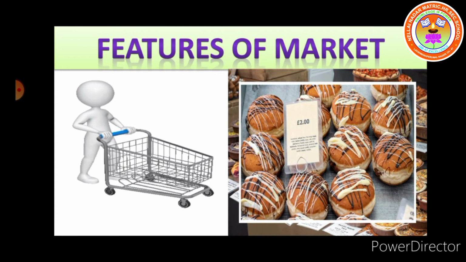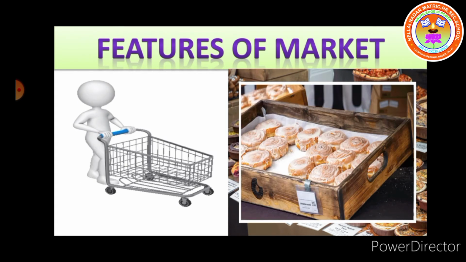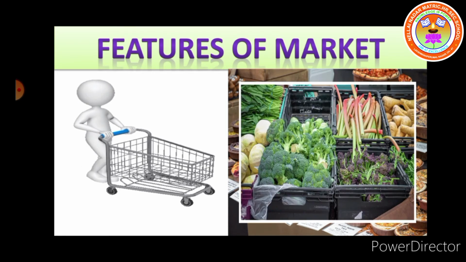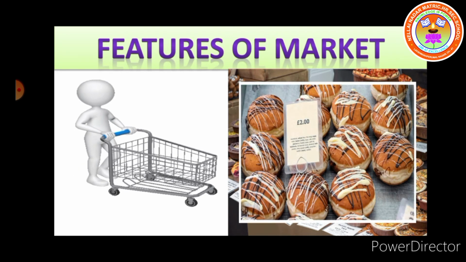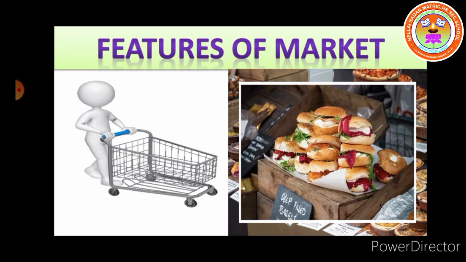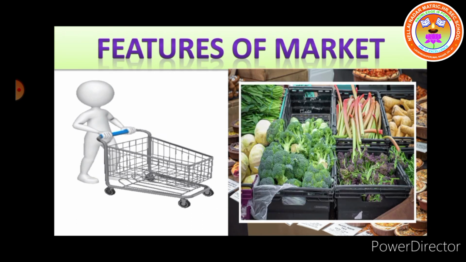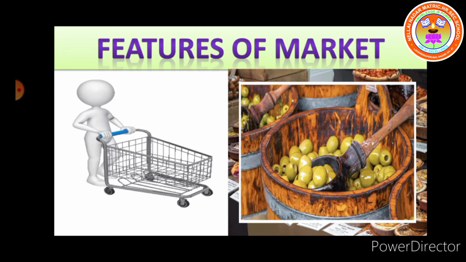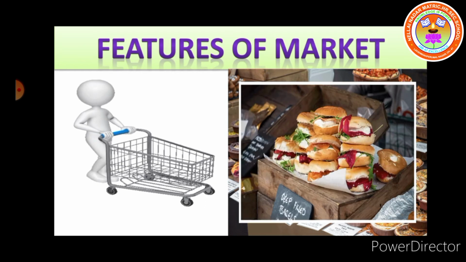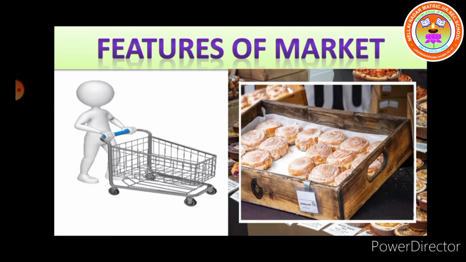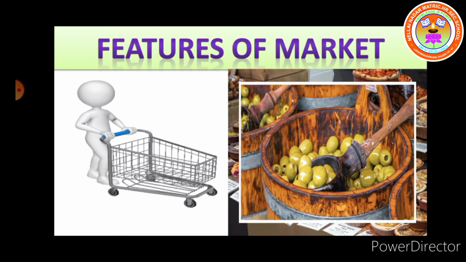In economics, the term market refers to the shops for one commodity or a set of commodities. For example, a market for rice, a market for cloth, a market for electronics goods. First feature, a market is also not restricted to one physical or geographical location. It covers a general, wide area and the demand and supply forces of the region.